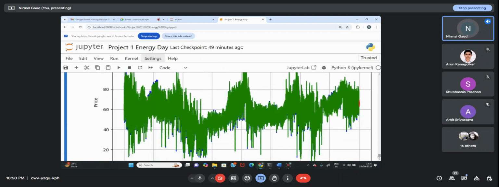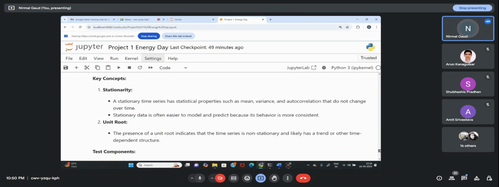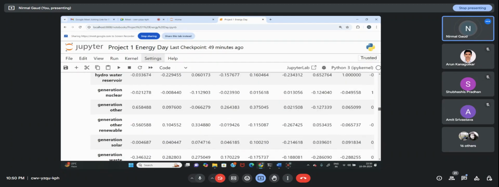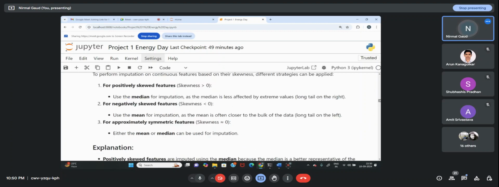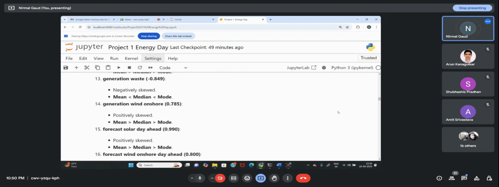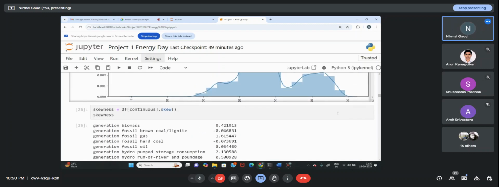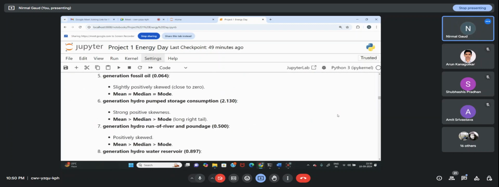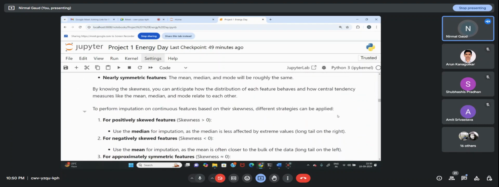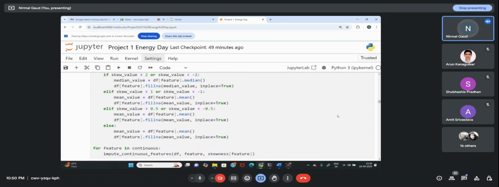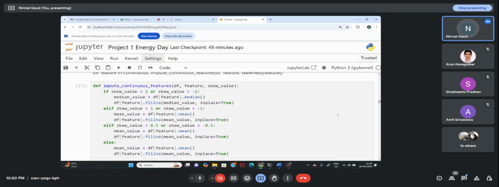I have also updated this code in front of you related to the imputation, and I shared my handwritten notes today. I will share within the group also.